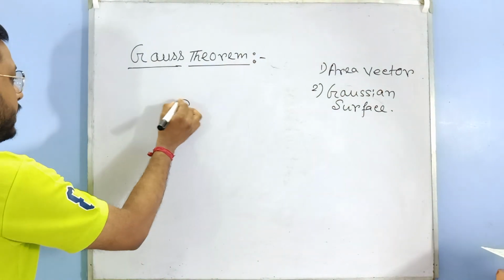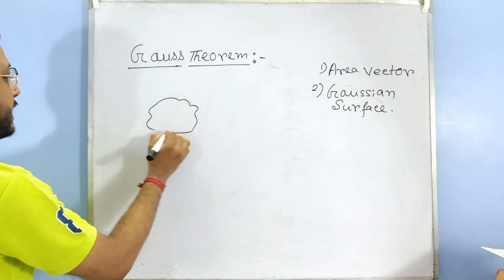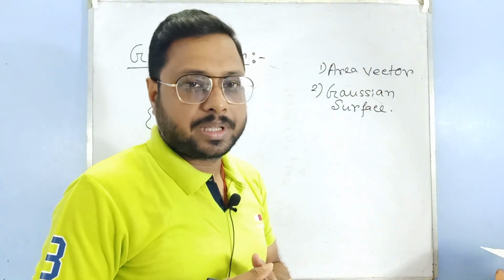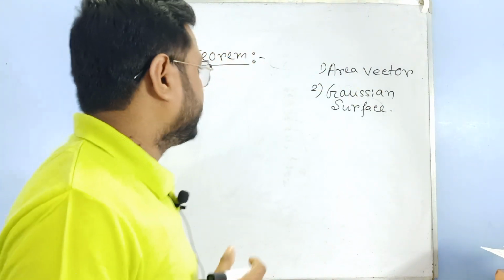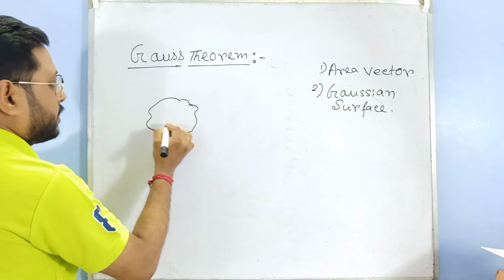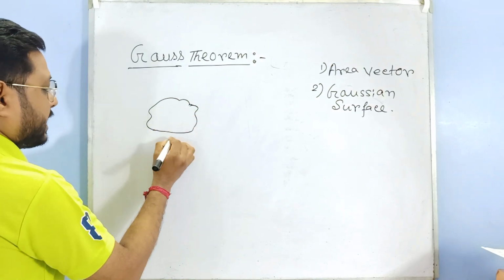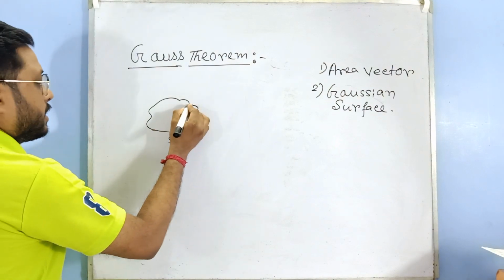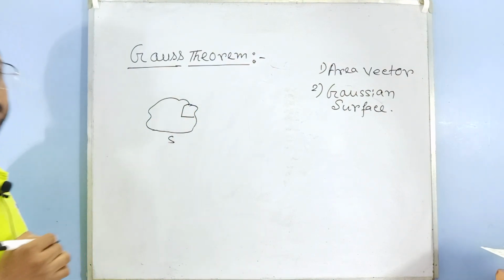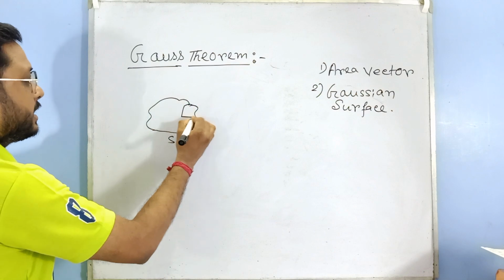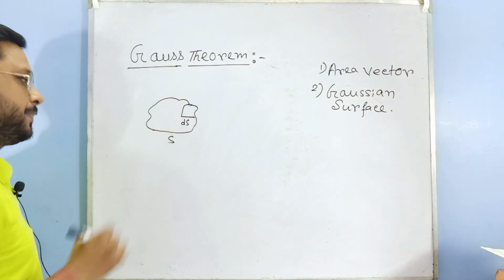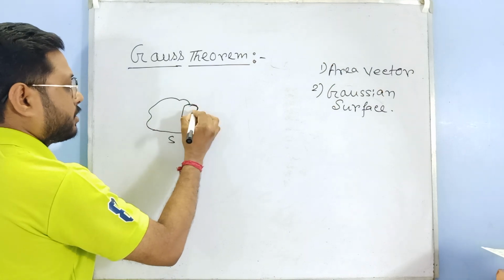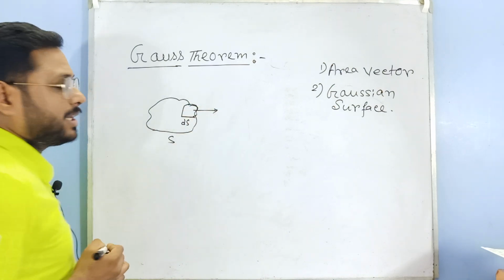If anyone asks us to find the direction of an area, then we take a surface S, which is a collection of very small elements dS over it. The area vector is always directed normal to the surface.